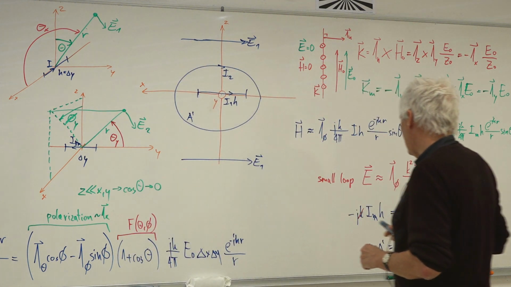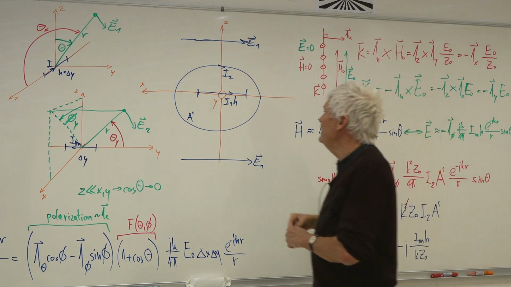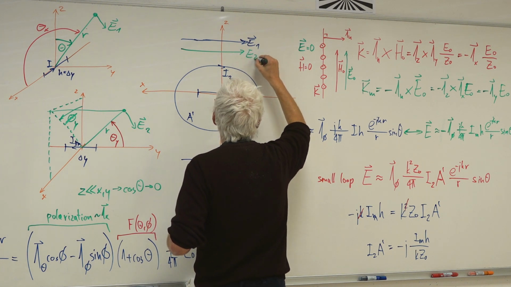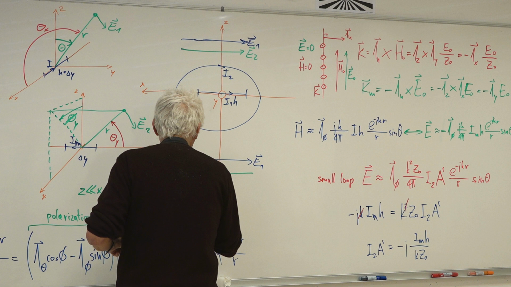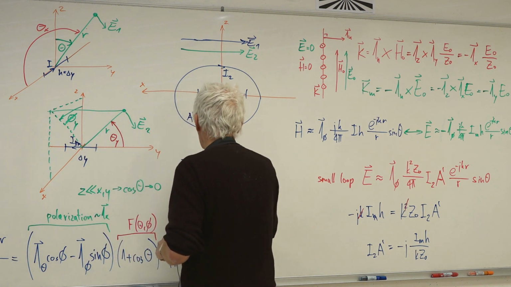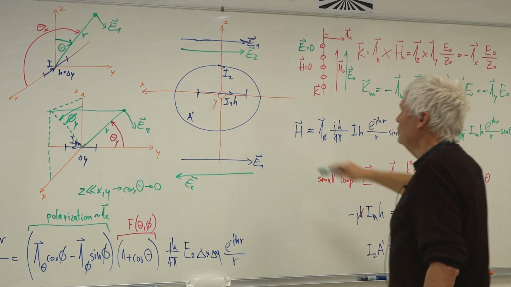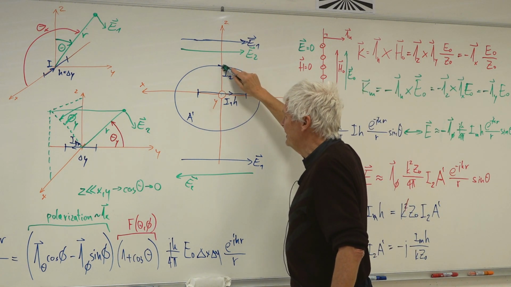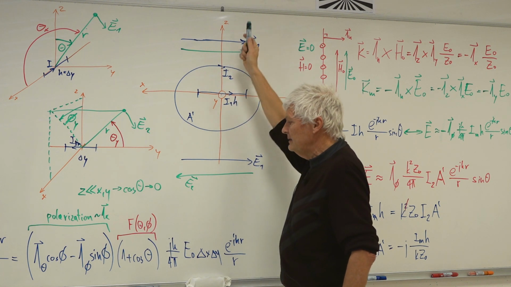But where does I2 point? I2 generates an E2 in the same direction here, and here it generates an E2 in the opposite direction.